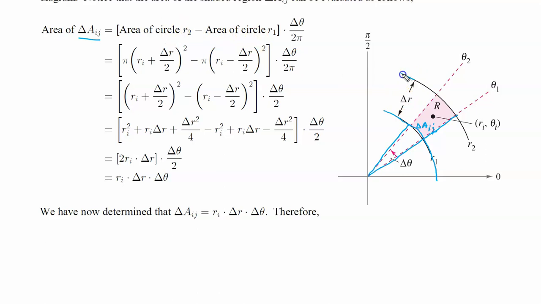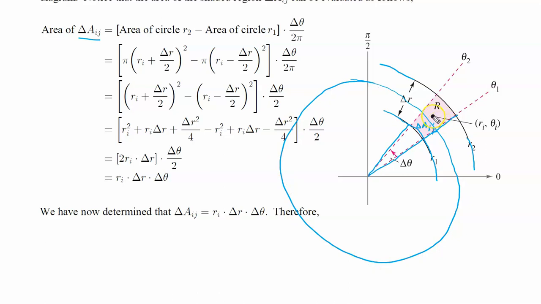Now what that will give you is the area between the two circles going all the way around. That's called an annular region. So that will give you the area in between the two circles of radius r1 and r2, going all the way around.